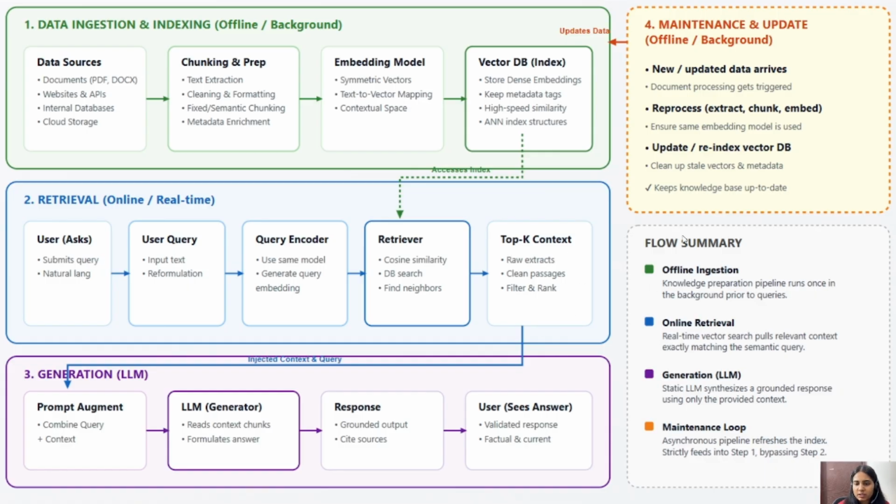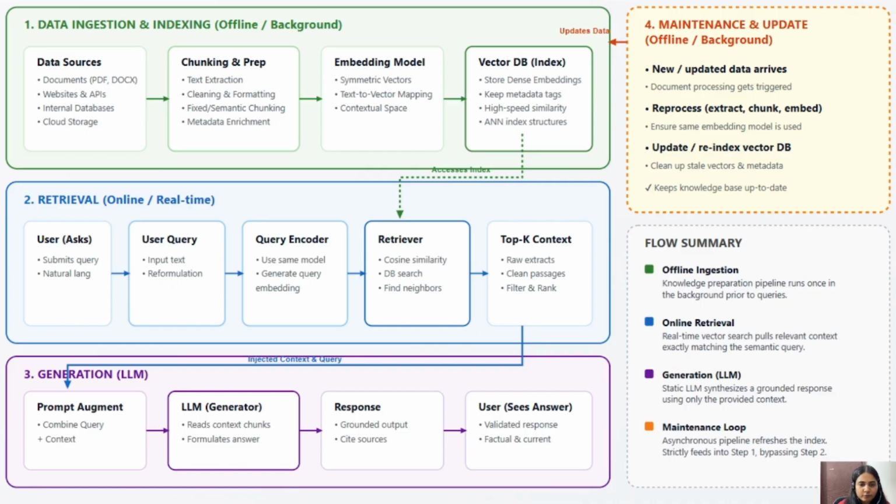Now if we look at the summary here: offline ingestion will prepare some knowledge. This is a knowledge pipeline, it prepares the knowledge and stores it in the vector db, and it does this job in the background, before the users query something. Then online retrieval is the real-time vector search, which pulls all this data when the system is active, in online mode.